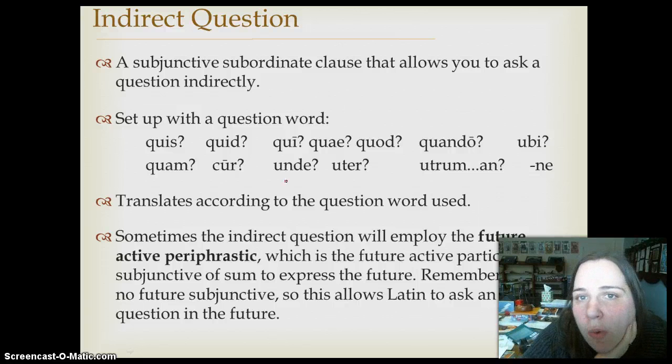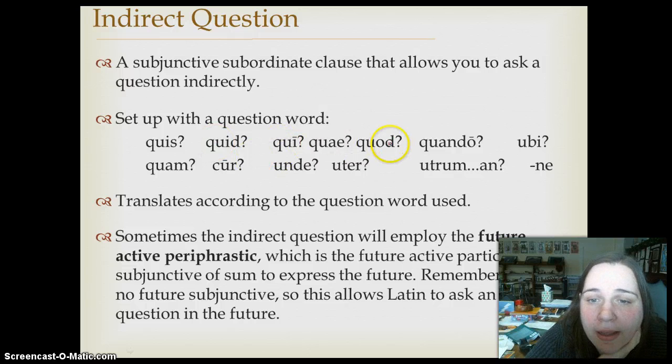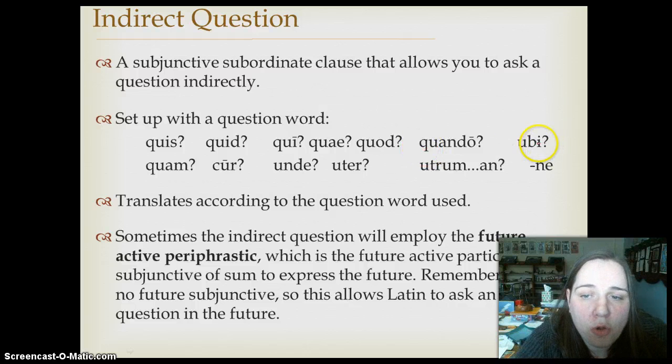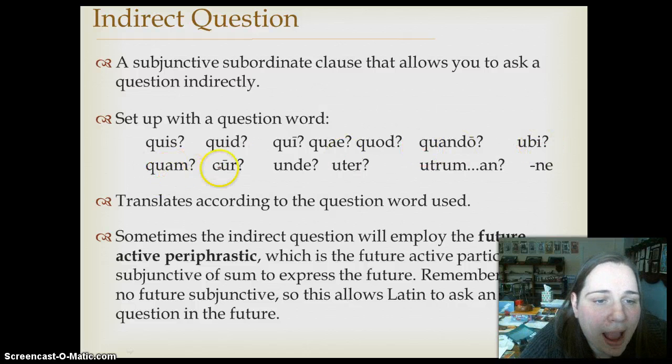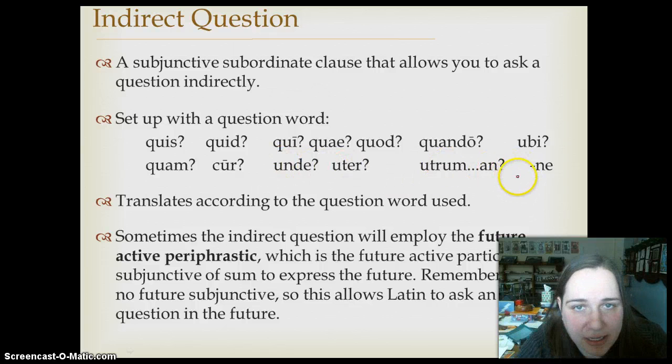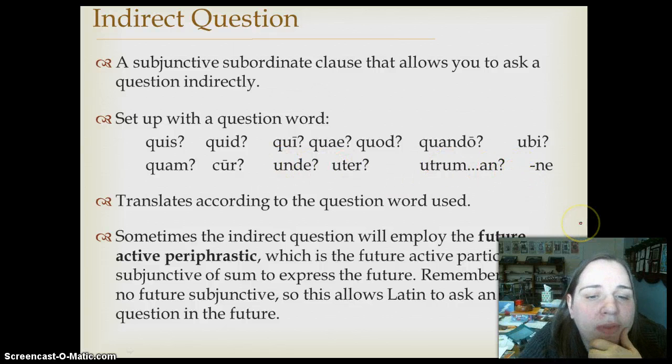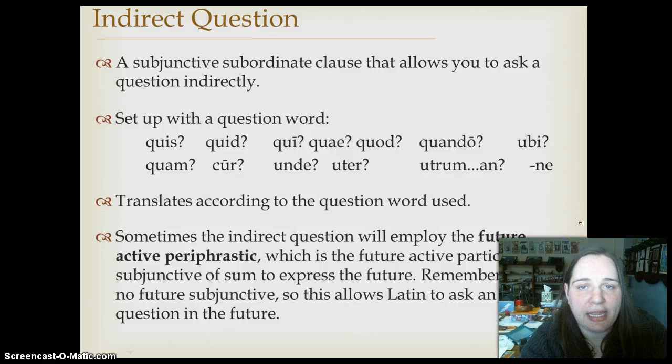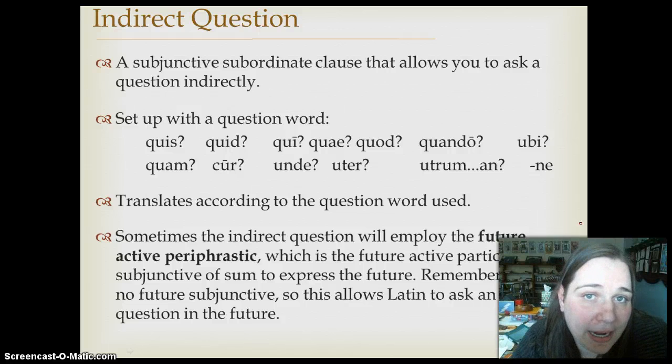It's set up with a question word, like quis, who, quid, what. The relative adjective, qui, quae, quod. Quando, when, ubi, where. Quam, how, cur, why, unde, uter, utrum, an, ne. All of these are options, okay? And obviously you translate the indirect question depending on what question word is setting it up, okay?